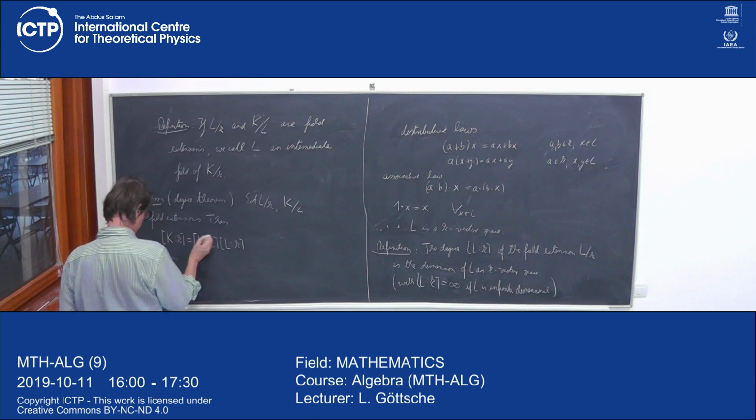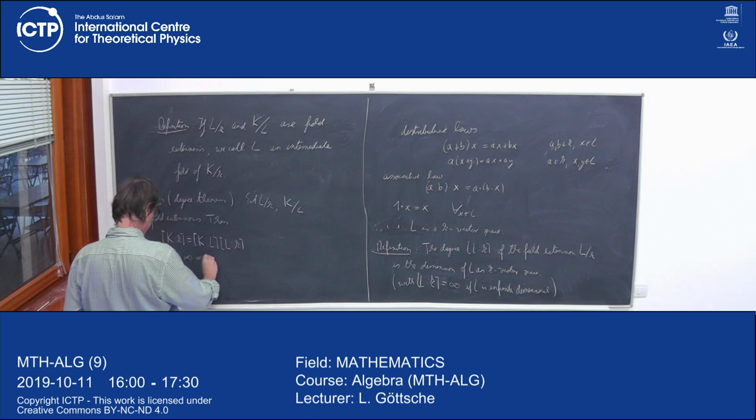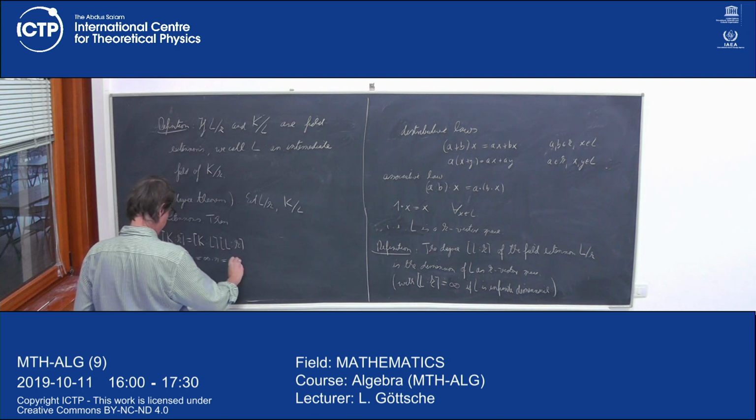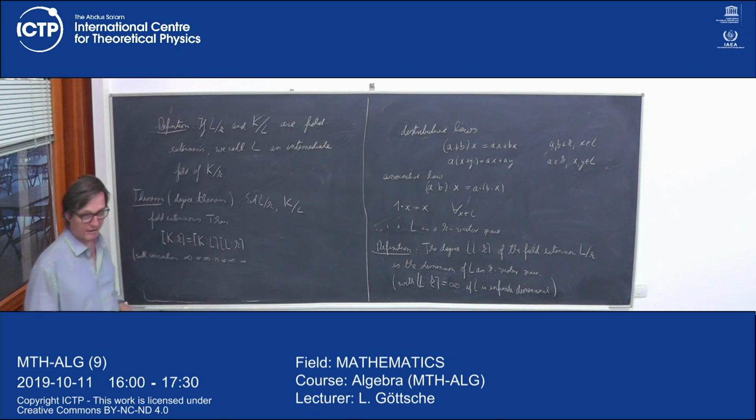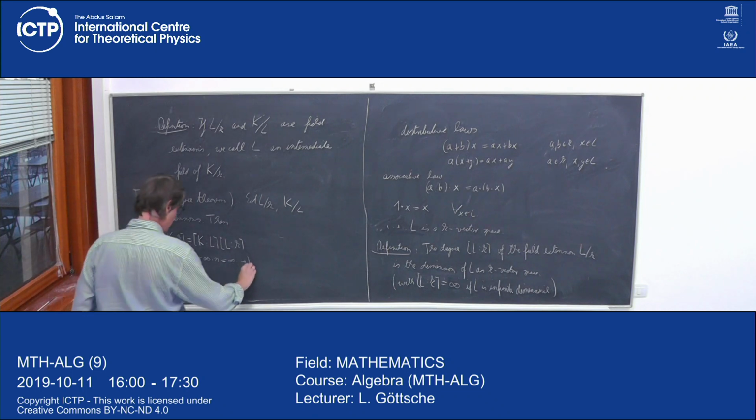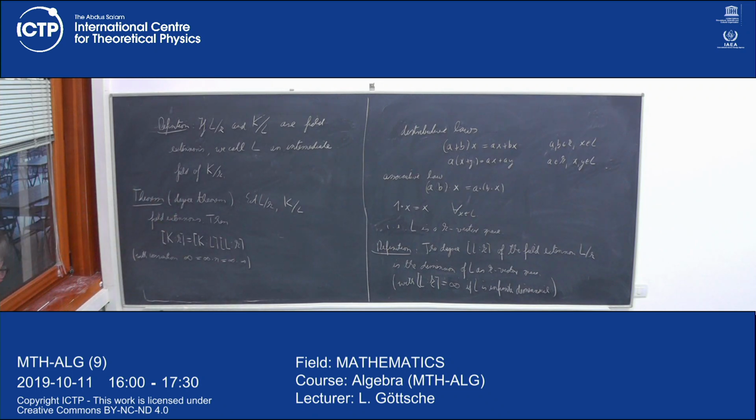So, with the convention that infinity is equal to infinity times n is equal to infinity times infinity. Whenever one of these numbers is infinite, then this is also infinite. And obviously, this is just the convention. And then the statement holds.